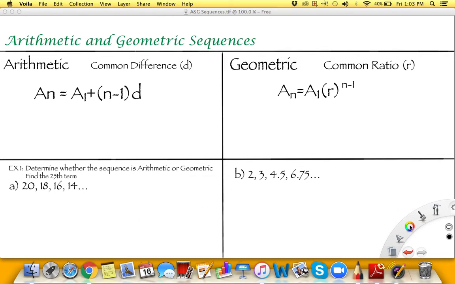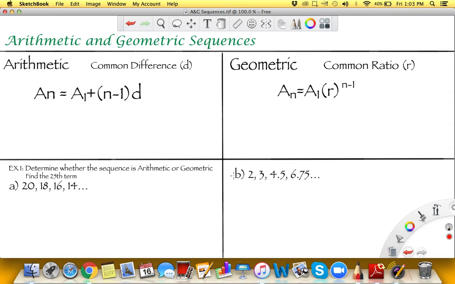First things first, we must know what an arithmetic sequence is. An arithmetic sequence is a sequence of numbers that have a common difference.